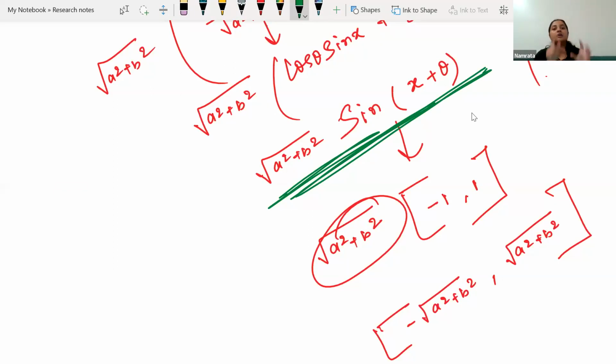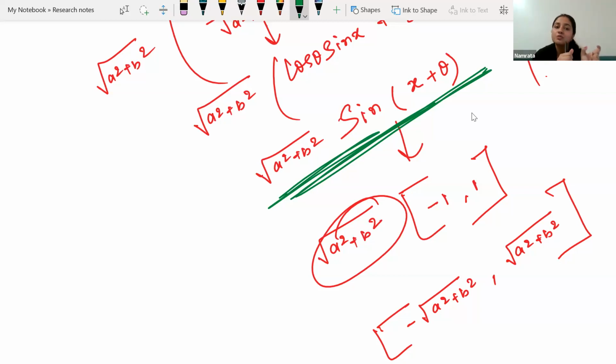And now in the graphical portion, we have seen that when we were taking sin 2x, sin 3x, the curve was just getting stretched or compressed, but the output was the same, that is -1 to +1. So sin of x plus theta will lie between -1 and 1.